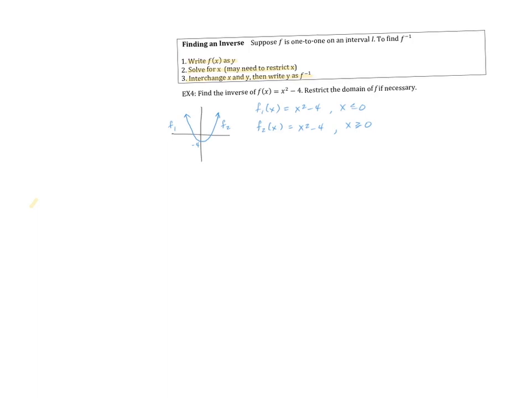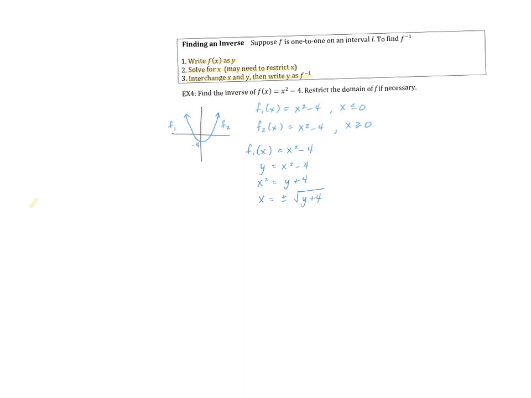So let's just look at this first one, f sub 1 of x. We need to replace the function notation with y, and then solve for x. So x squared is equal to y plus 4. And now when I square root both sides, I have to remember that it's plus minus the square root of y plus 4.